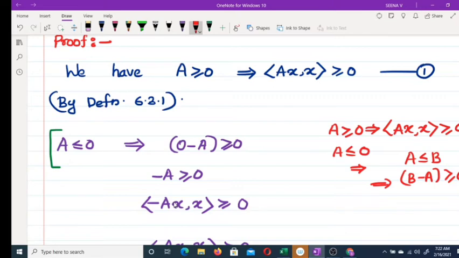Okay. So here we are applying that result. A less than or equal to 0 implies 0 minus A is greater than or equal to 0. So that is what we are applying here.